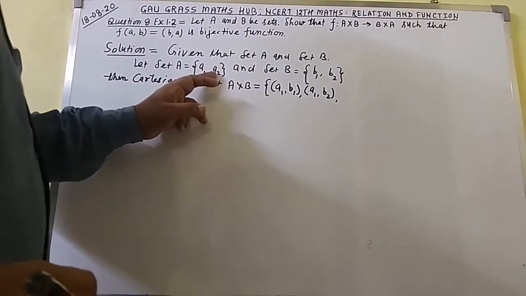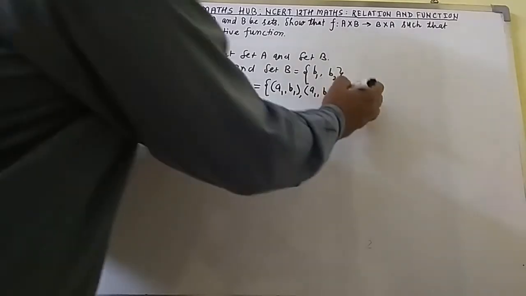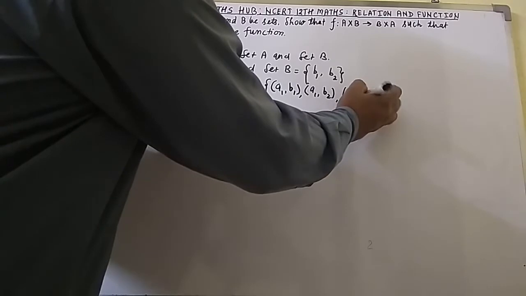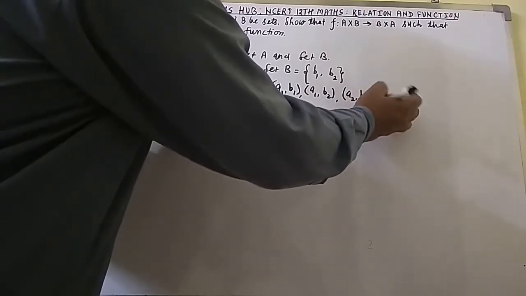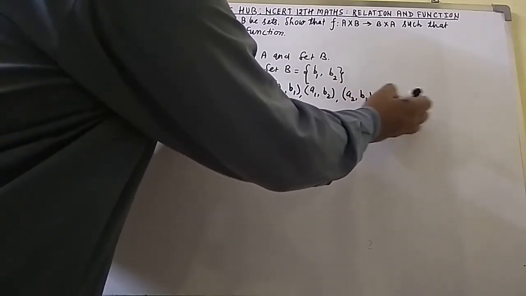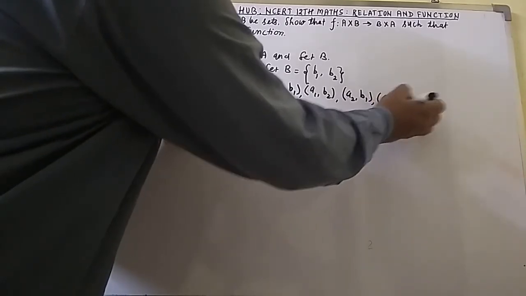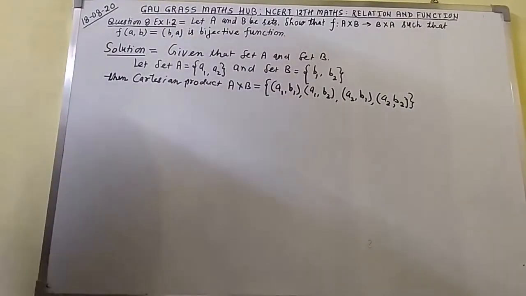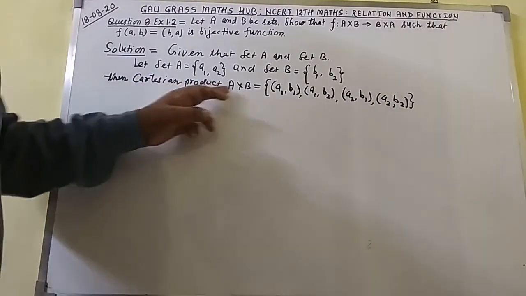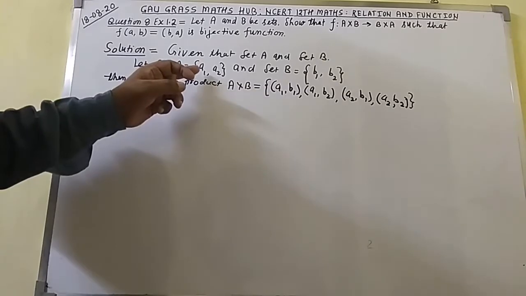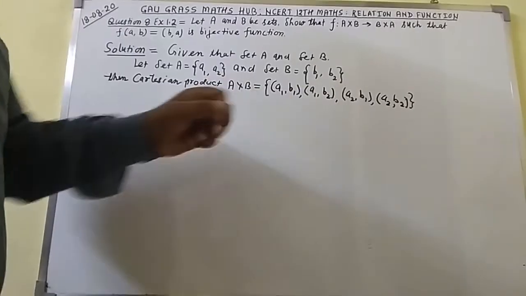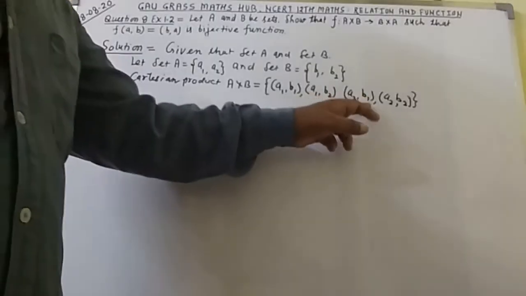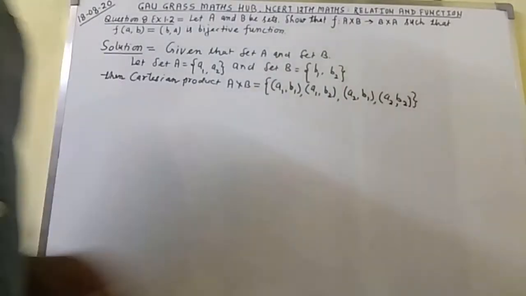Now here you can see A2. A2 will be related to B1 and A2 related to B2. The Cartesian product A cross B equals A1 B1, A1 B2, A2 B1, A2 B2.